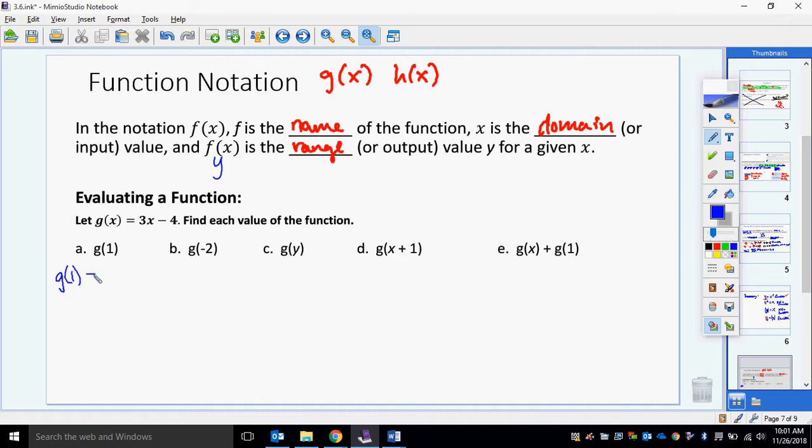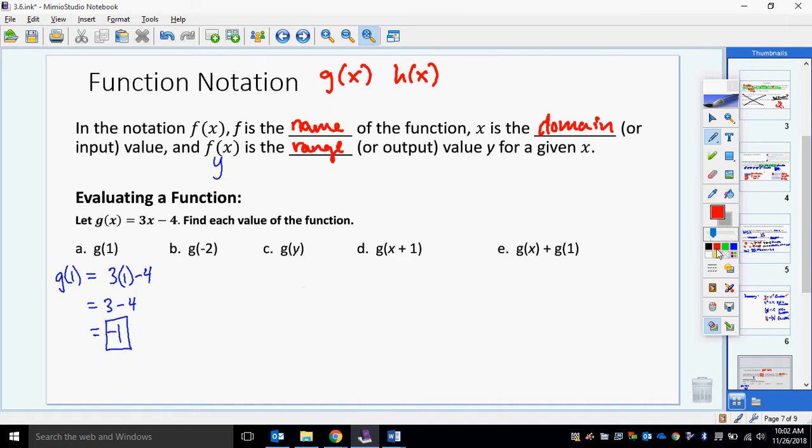So g of 1, that's like our y value. We're trying to figure out what g of 1 equals. Well, I have 3 times x, so I'm plugging in 1 and then minus 4. And then I just simplify this, so I'd get negative 1. So g of 1 equals negative 1 here.